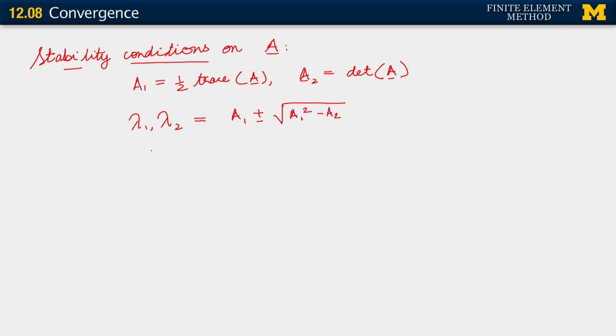We also said from here, R, which is the maximum of the square root of lambda I times lambda I bar, with lambda I bar referring to the complex conjugate, has to be less than or equal to 1, and we've understood when it needs to be strictly less than 1. All right, so this is how we go about our stability analysis.